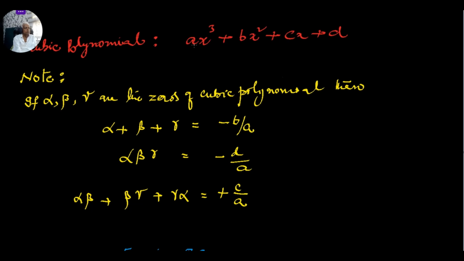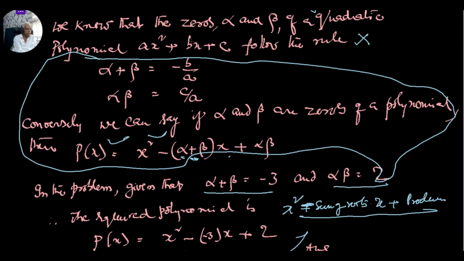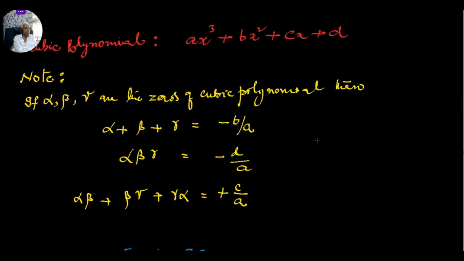Cubic polynomial. If the degree is 2 like this, it is called a quadratic polynomial. If the degree is 3, it is called a cubic polynomial: ax cubed plus bx square plus cx plus d. In this case, the relation between the zeros alpha, beta, gamma is: alpha plus beta plus gamma is minus b by a.